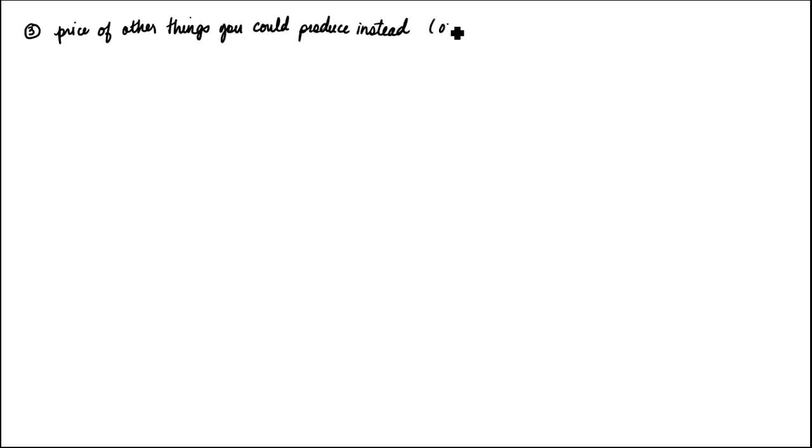Or another way of thinking about it is your opportunity cost. So the price of other things you could produce instead, those things you're not producing but you could do. So it's the things you're giving up, your opportunity cost. So this is best if I illustrate by example.